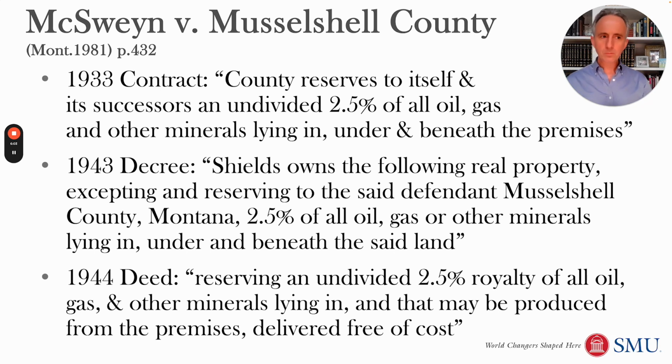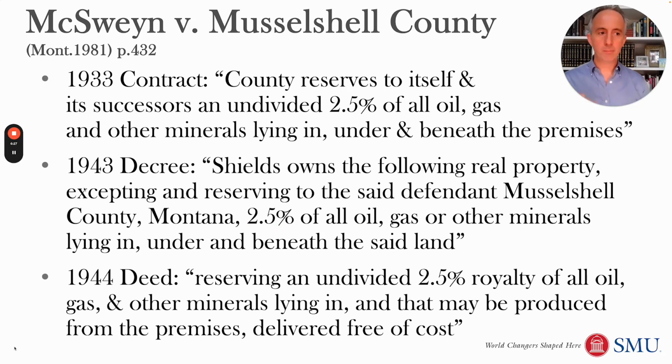And so later we'll see that if it says produced, that sounds more like a royalty, and here it actually uses the word royalty and says that this is a 2.5% royalty, whereas previously it had said it was 2.5% of what was lying in and under, and that is typical mineral interest language.